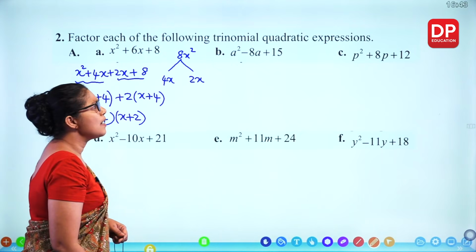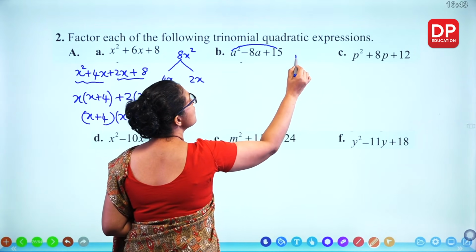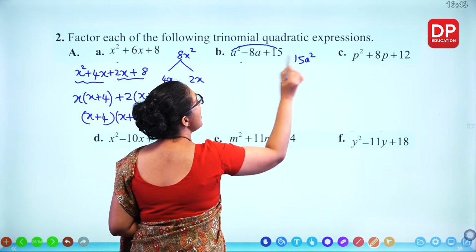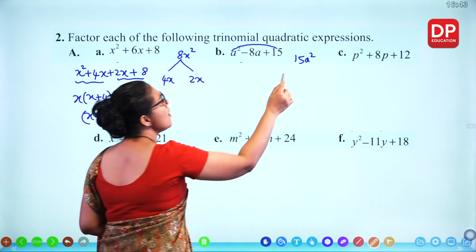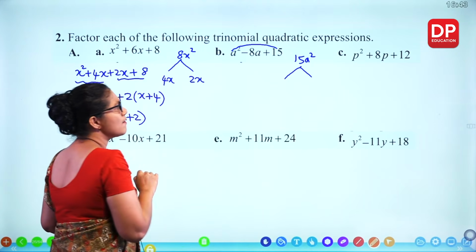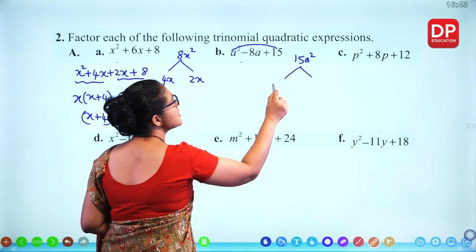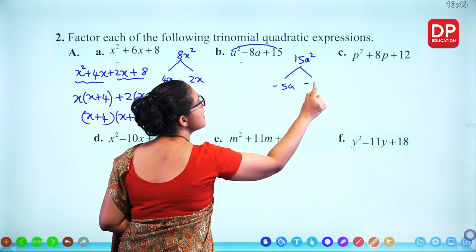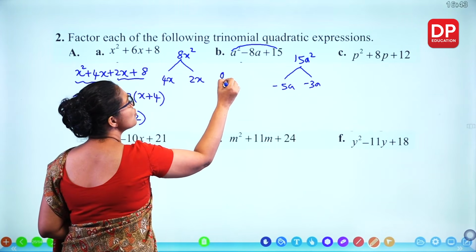In this question, plus 15. So when you multiply these two together, 15a squared. The middle term is negative, which means you have to take both negative. So what are the appropriate factors? So we can see minus 5a and minus 3a. Split it into two terms.